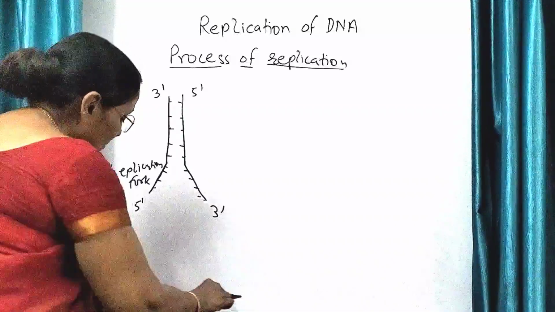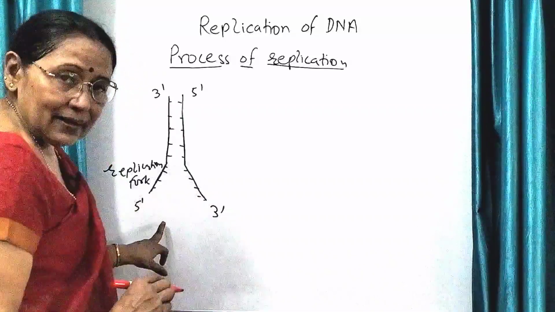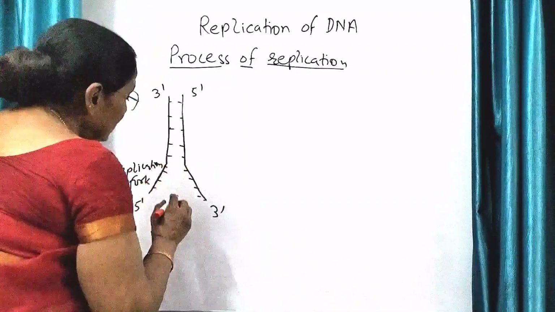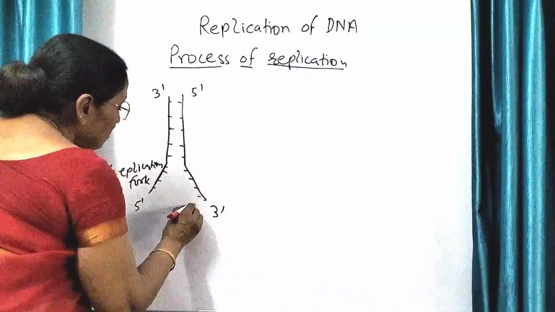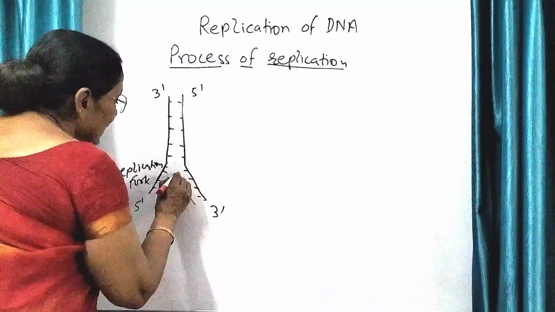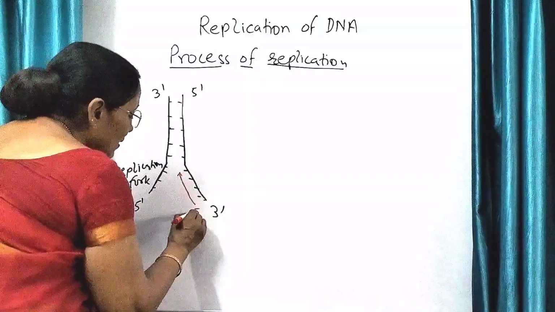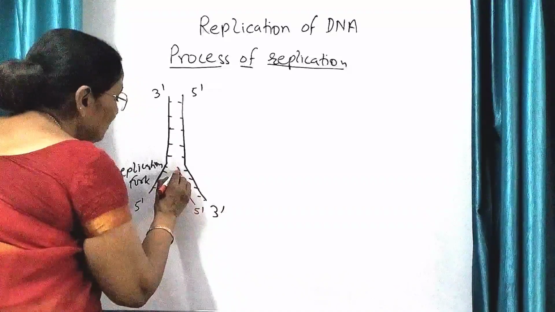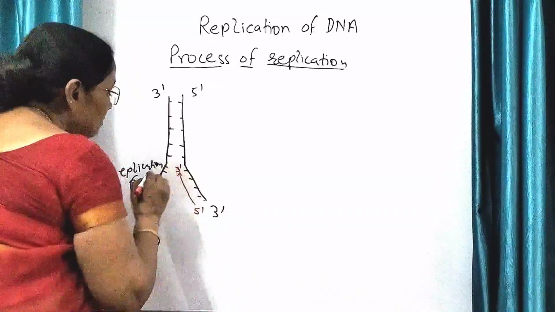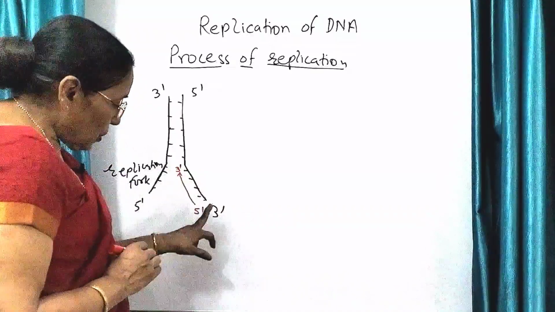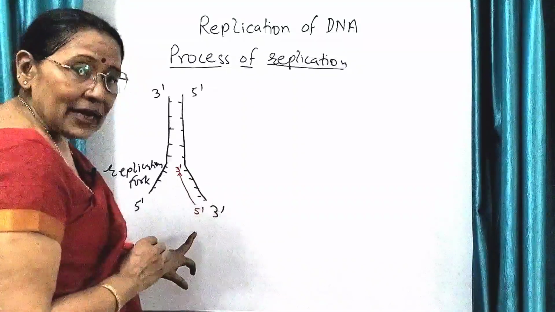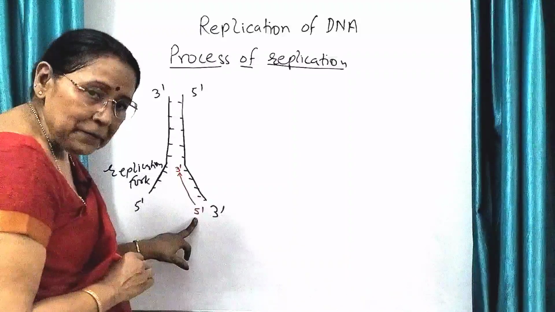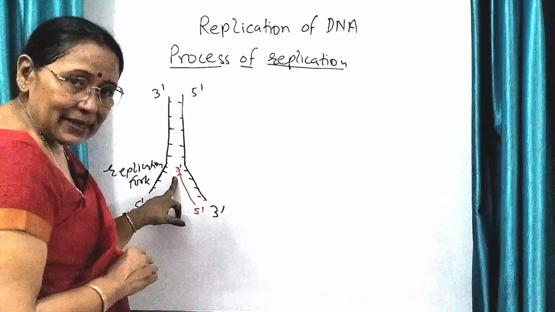Now the DNA replication will start, and there is one problem. What is that? The DNA dependent DNA polymerase can do this polymerization only in the 5 prime to 3 prime direction. So on this template strand, it has no problem. It has got its 5 prime end, and it has started.